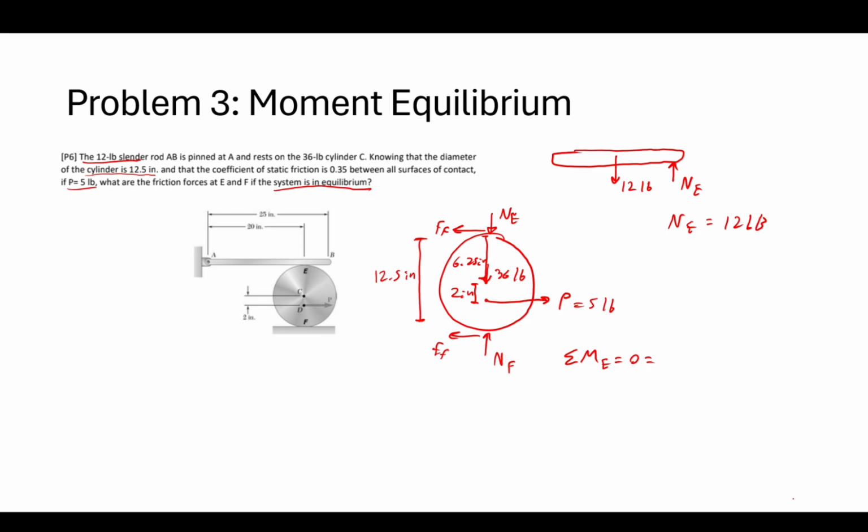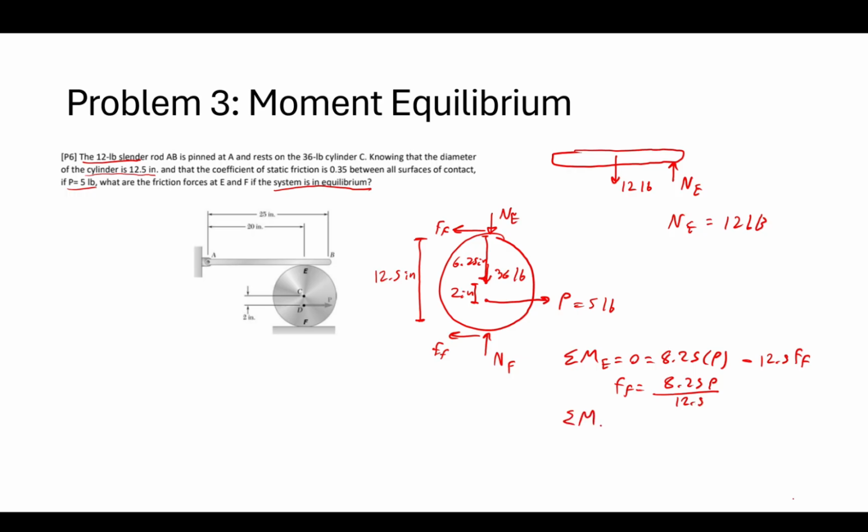So taking some moments about point E, 6.25 inches plus 2 inches is 8.25 times P, and P is going counterclockwise, so that'll be positive, minus the entire diameter 12.5 times FF, and this is going clockwise, so that's negative. Solving for FF, we get 8.25P over 12.5.